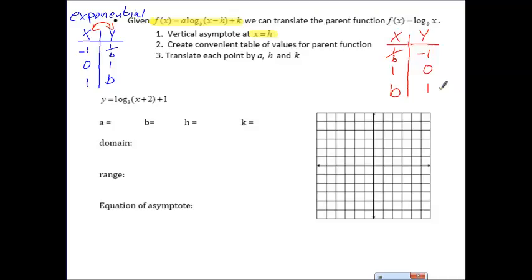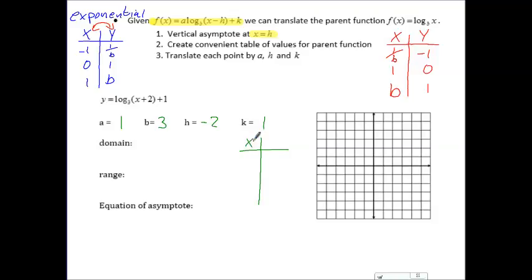So in our example here, y is equal to the log base 3 of x plus 2, plus 1. So let's find our a, b, h, and k. A is 1. B, the base, is 3. H is negative 2. And k is 1. Let's create our table of values.